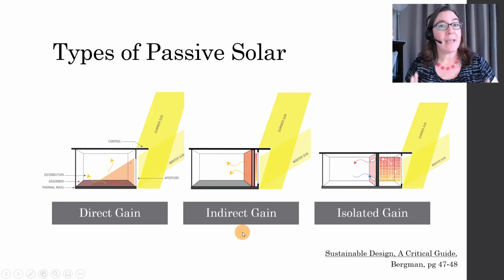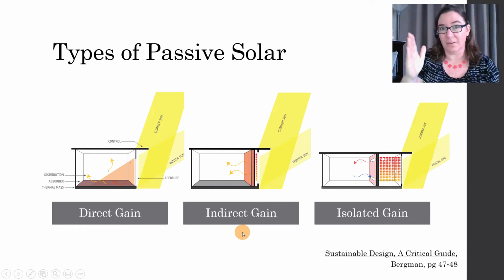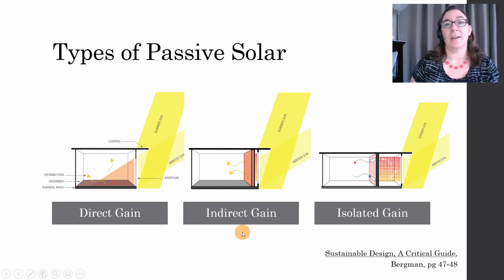The benefit of this is that there is a time delay. At the hottest part of the day, maybe the afternoon, the sun is hitting this indirect element, but the heat is not transferring directly into the space. It slowly trickles through and collects that heat, and then releases it later at night when it's needed.